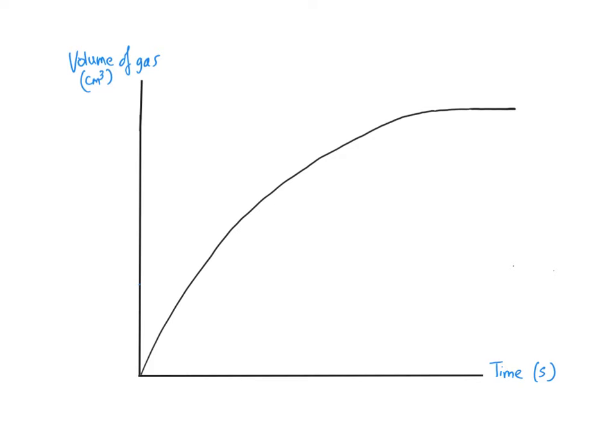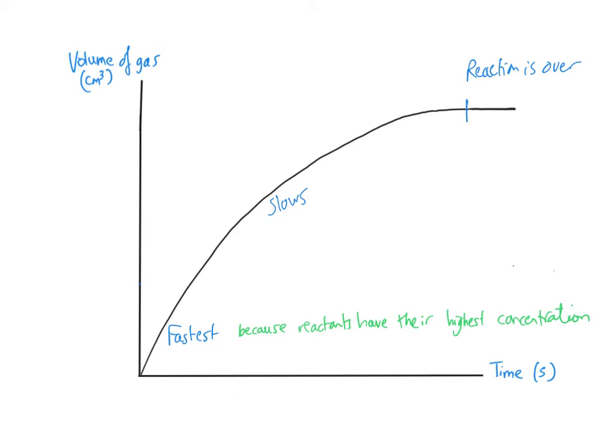So to return to this characteristic shape of the graph, we've got these three distinct regions. We've got the fastest part at the beginning, then it slows down, and then the reaction is over once it flattens out. And the reaction's fastest at the beginning because, as I say, the reactants have got their highest concentration that they're ever going to have.